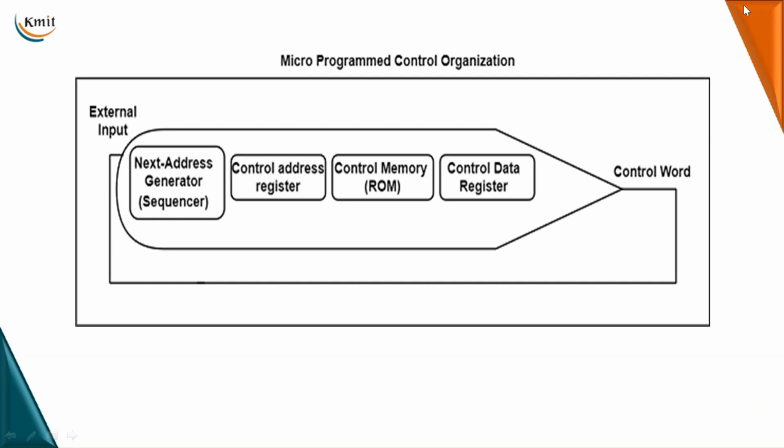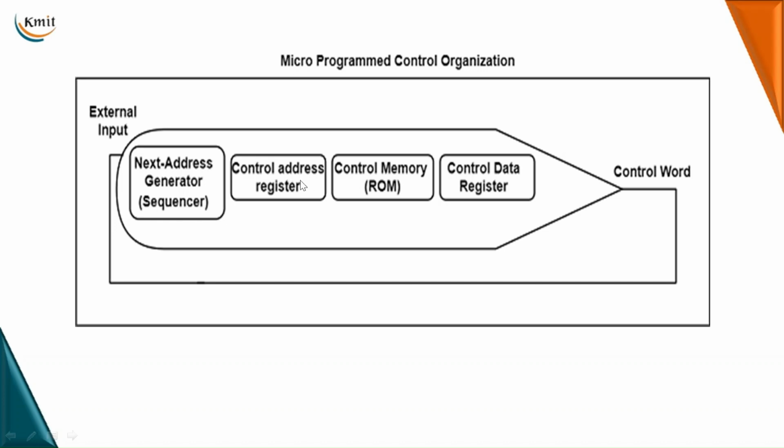This is just like a main memory. So control memory also contains different locations. Each and every micro instruction is stored at a particular location in the memory. So whenever the CPU wants to execute a particular micro instruction, the address of the instruction is stored in the control address register.